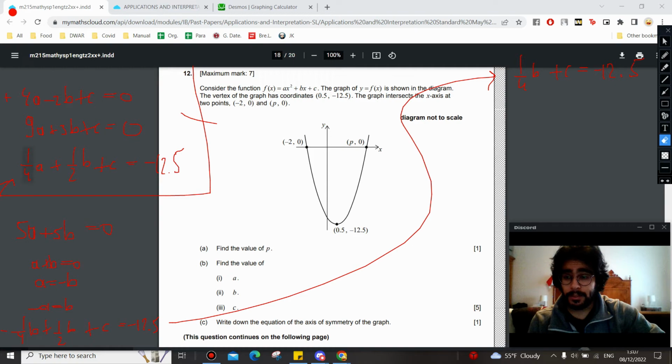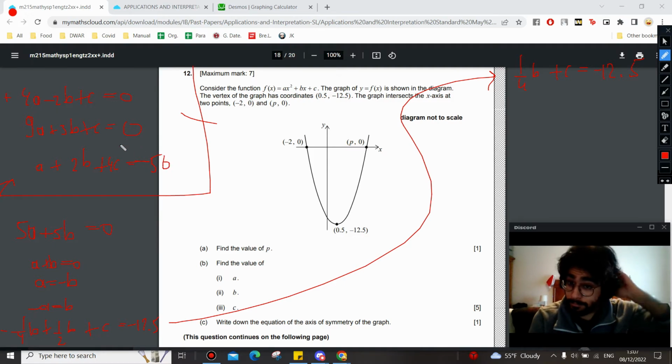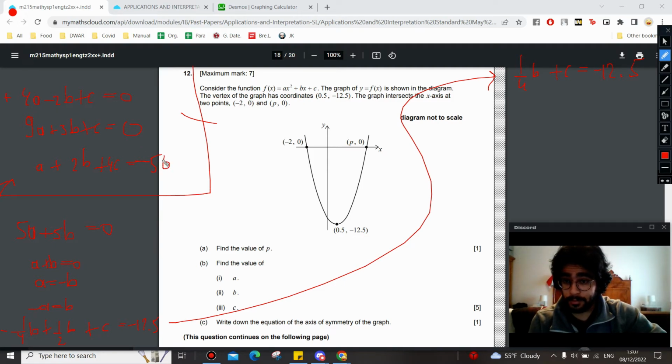If I multiply this whole thing by 4, I will have just b here. Here I will have just 2b, because 1 over 2 times 4 is 2b. c will become 4c, right? And minus 12.5 will become minus 50. Now, I will deduct from the first one, the last one. No, it's not going to help me. Actually, I shouldn't have done the previous step, because then I will not be able to get rid of my a's and b's.